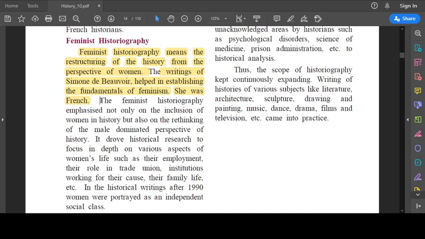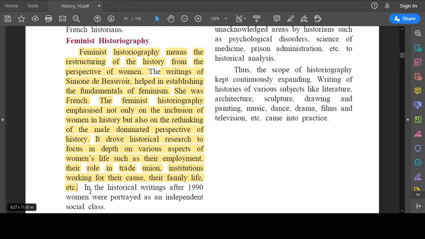Now third point. The feminist historiography emphasized not only on the inclusion of women in history but also on the rethinking of the male dominated perspective of history. So that's third point. Fourth one, it drove historical research to focus in depth on various aspects of women's life such as employment, role in trade union, institutions working for their cause, family life, etc.